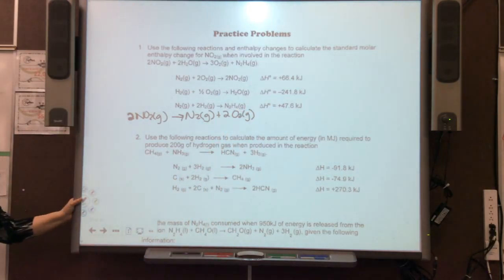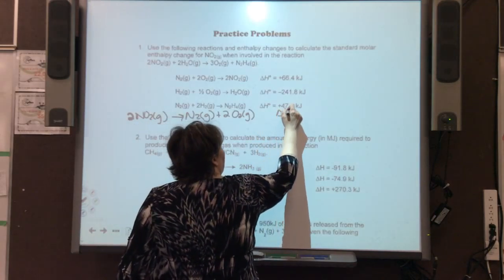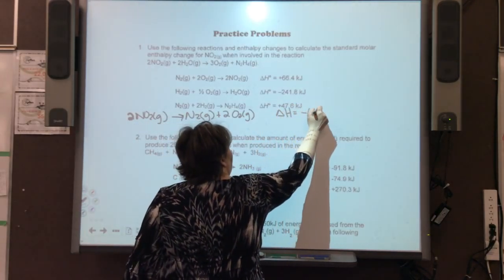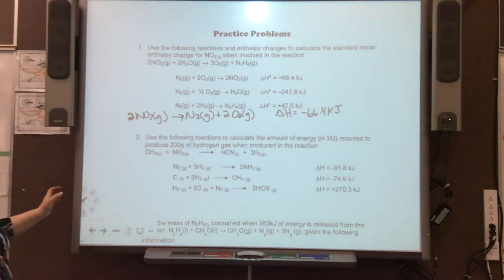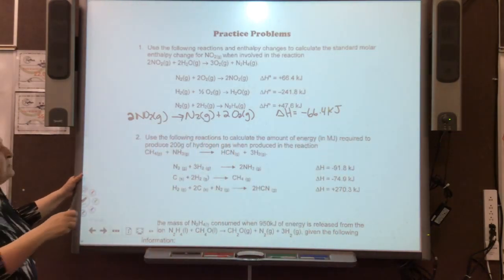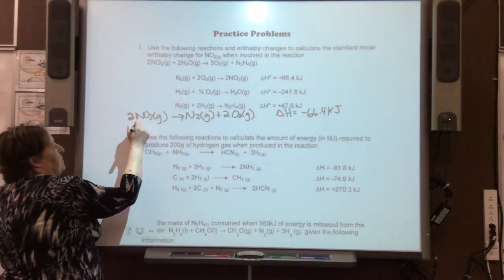Now what have I done to this reaction? I flipped it, so what do I have to do? You made your delta H negative. Have to flip the delta H. This one here has water as a product, so we need to flip this one as well.